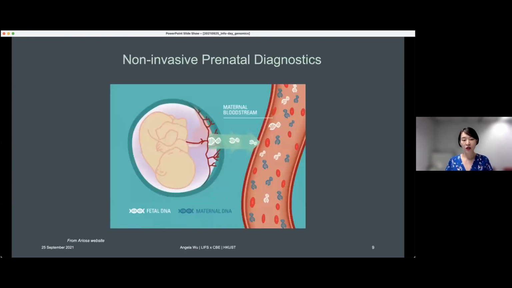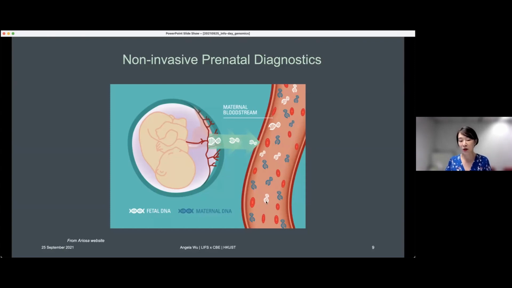So now, today, what we know is that in the mother's blood, there are actually very small fragments of DNA floating around that come from the baby, because the mother's blood and the baby's blood is connected. Because this next generation sequencing technology is so powerful and so fast and much cheaper, what we can do is just take a sample of the mother's blood from her arm, like a normal blood retrieval process, and sequence all the DNA in the mother's blood.